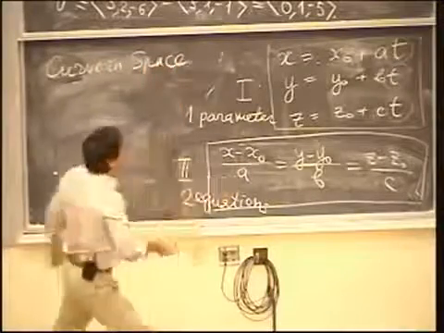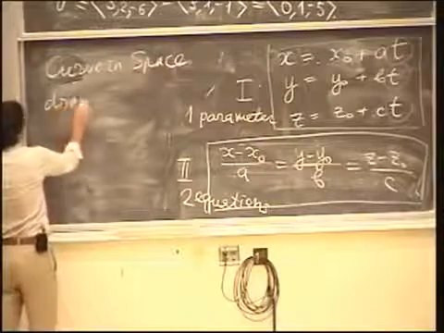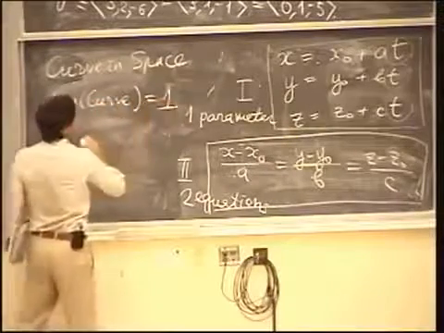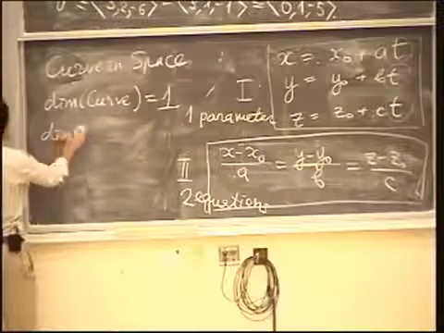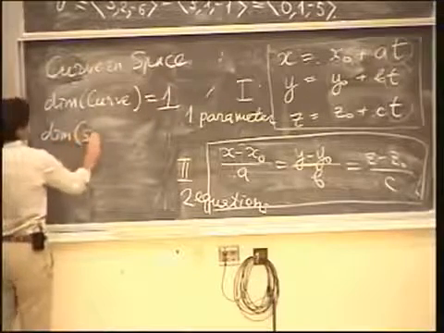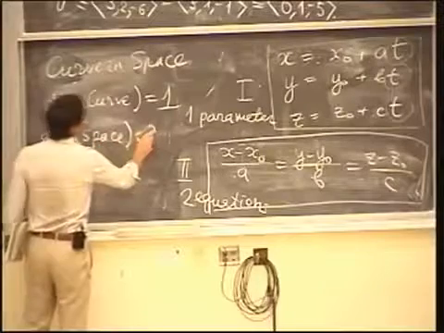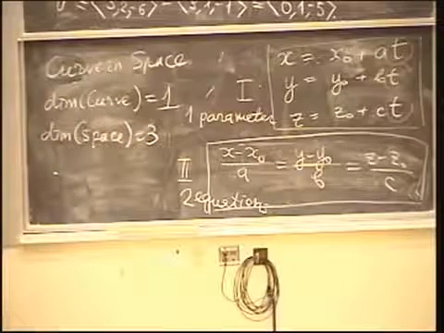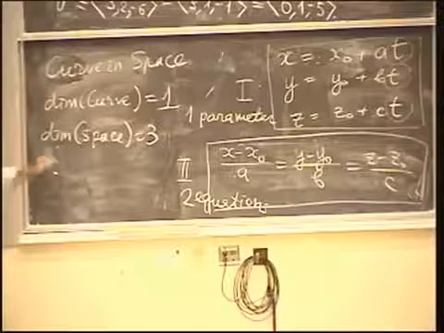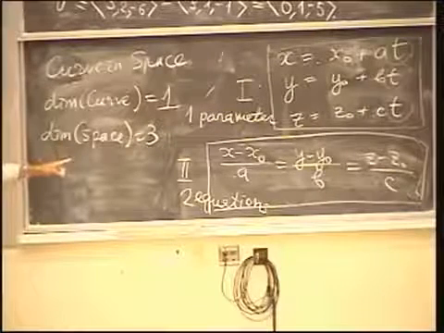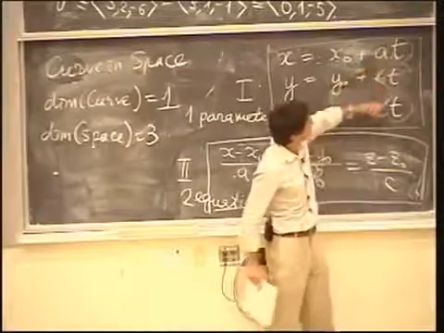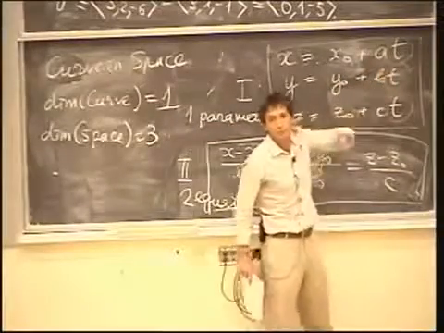But now, the dimension of the curve is still 1, but the dimension of the ambient space is 3. If you want to parameterize it, you still have to use one parameter, just like for curves on the plane. That's why it's not surprising that we end up with a parametric representation with one parameter.